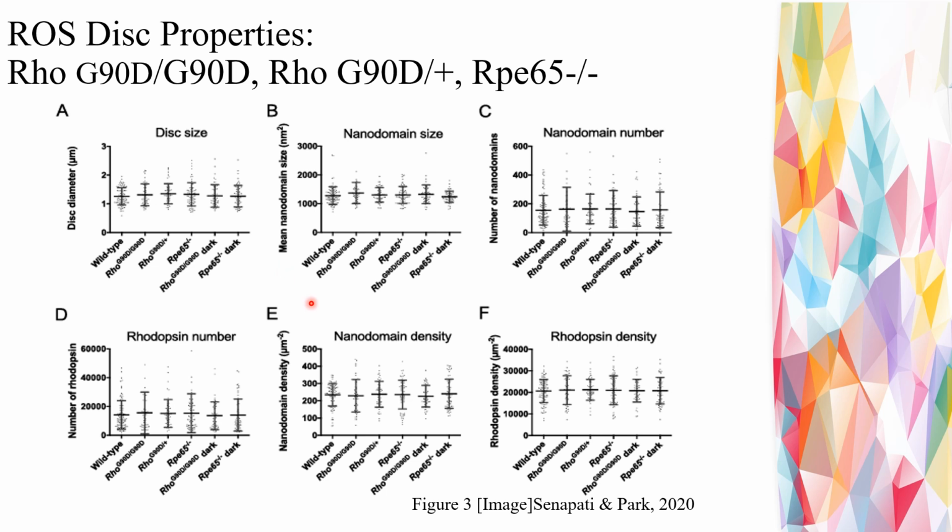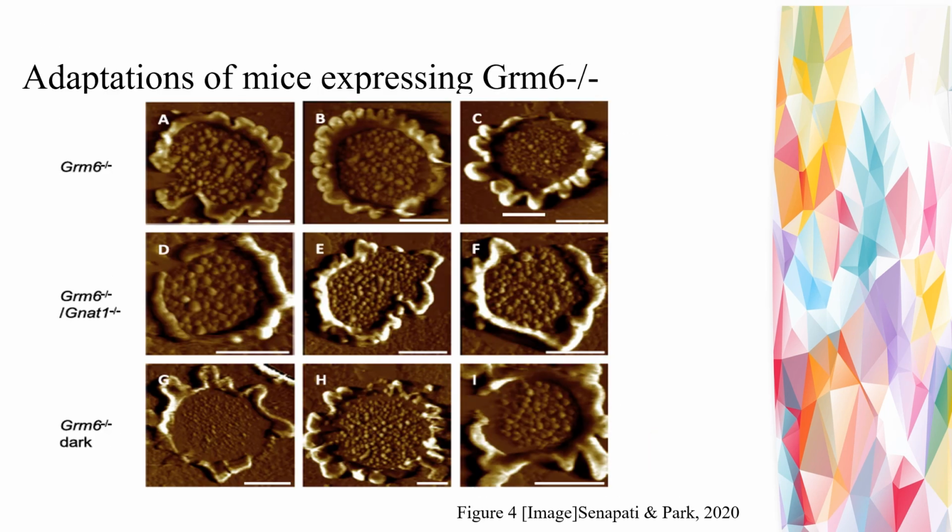As we continue to move through the data, there could be a possible change. Adaptations of mice expressing GRM6. Again, these images are AFM images, which is atomic force microscopy.